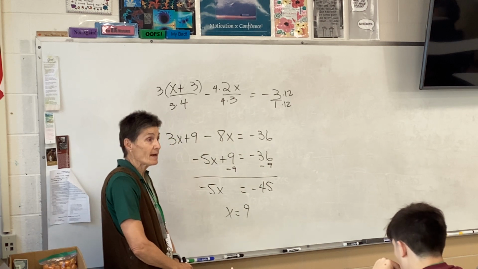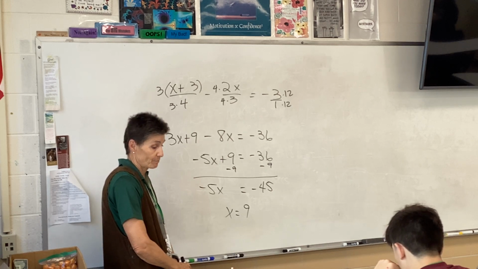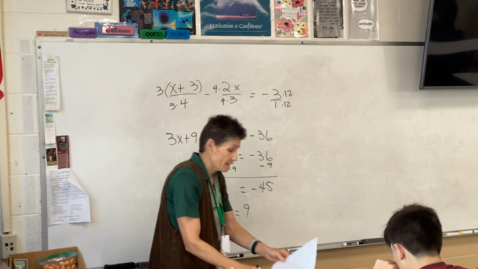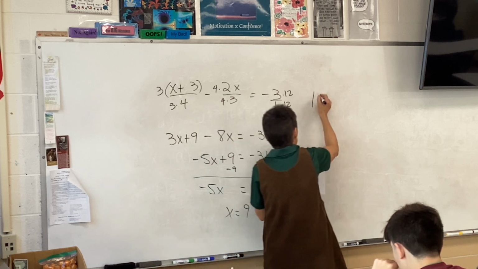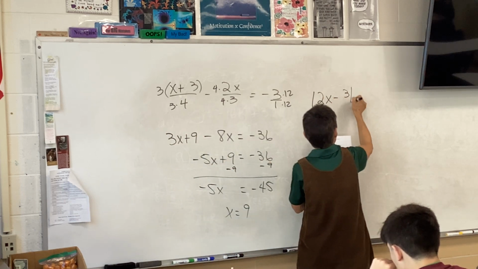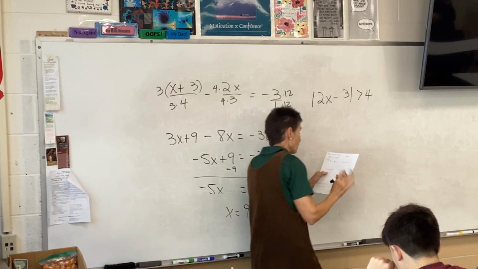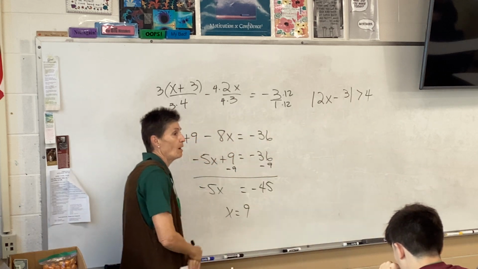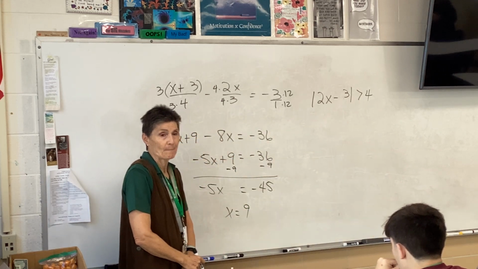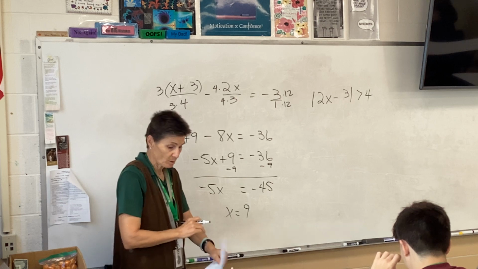Are you remembering that from the good old days? All right, B. Another solve. This is a very different kind of problem though. Who remembers how we solve that? Make two equations.